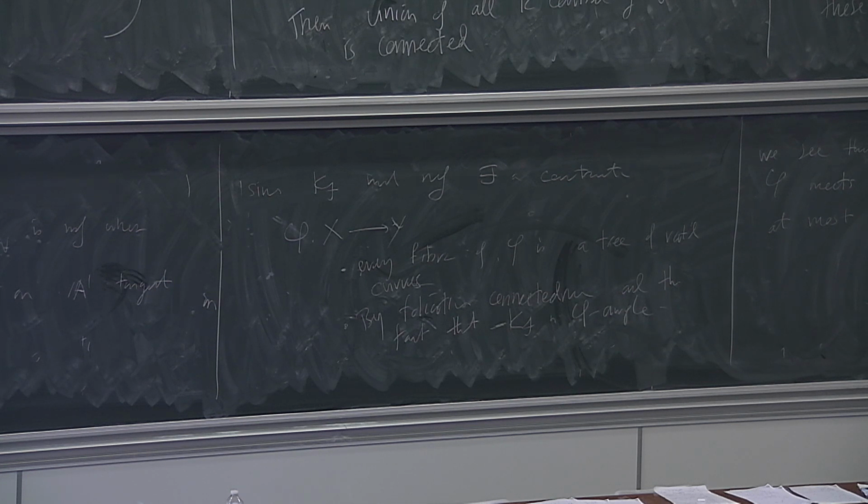But okay, so here the picture is, here's X, here's Y. We have some point here, and then our fiber is going to be this tree of rational curves, and it's going to meet some LC center in at most one point.